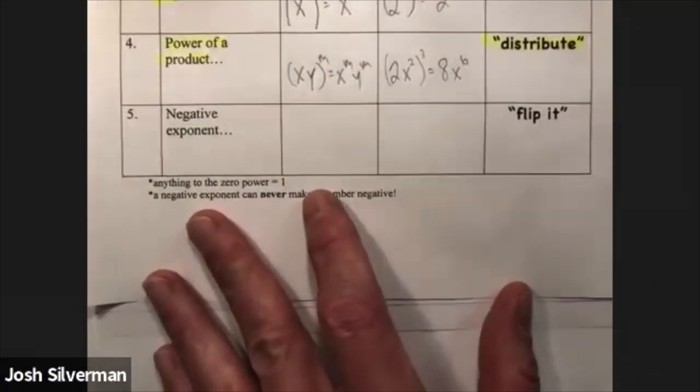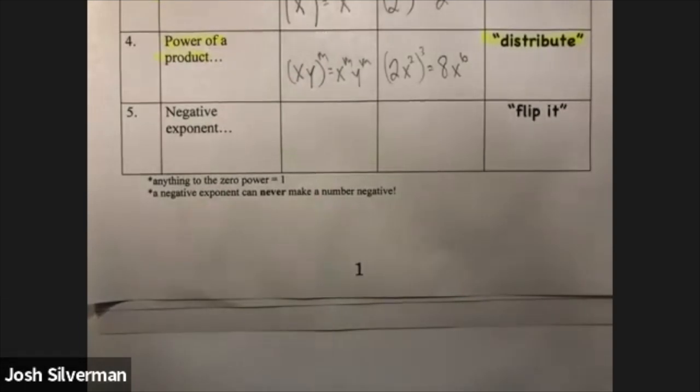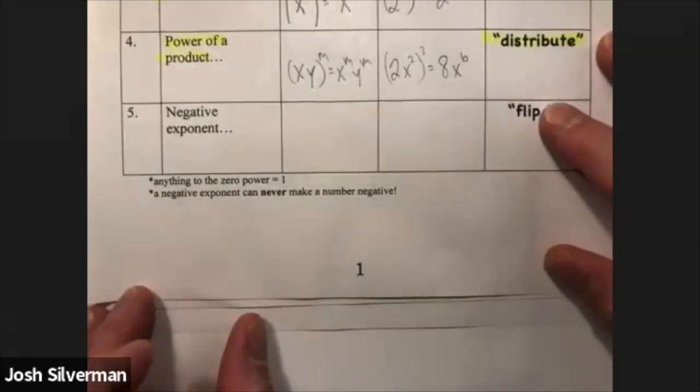All right, this last rule is the most challenging one. You're going to have to really stretch to make sense of this one because it's very, very counterintuitive. A negative exponent. This is one of the most important rules in all of algebra.